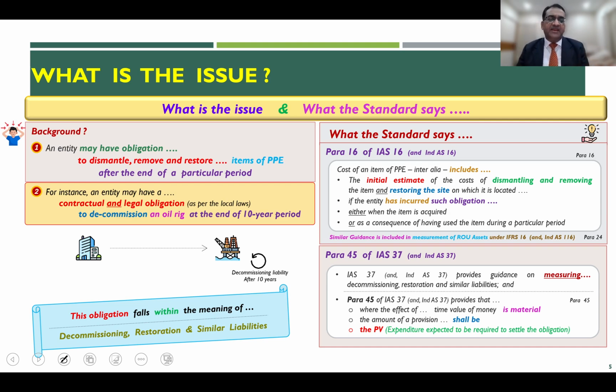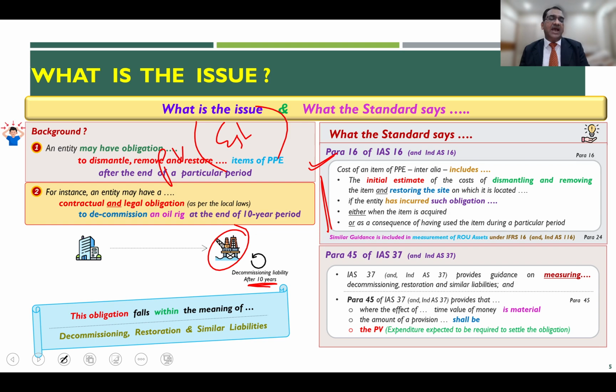If you have gone through the previous video, you would have seen that when you have a decommissioning liability, the original cost of the property, plant and equipment is required to include the present value of the estimated liability at the end of a future period, let's say the 10th year in the example which we gave.